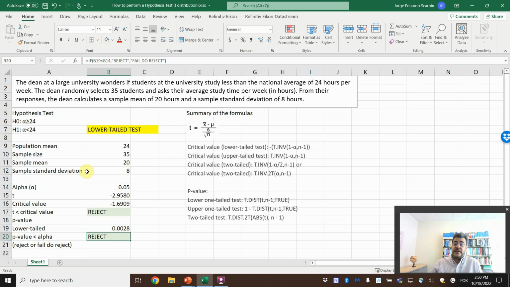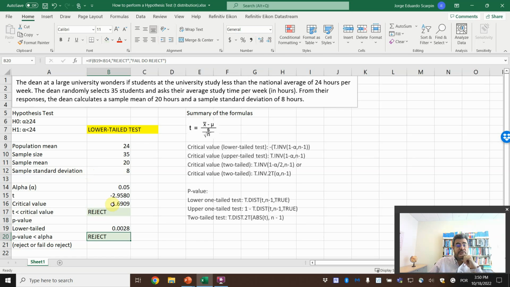The students study less than the national average. But again, we cannot prove anything with a hypothesis test. But we found strong evidence that yes, they study less than the national average.